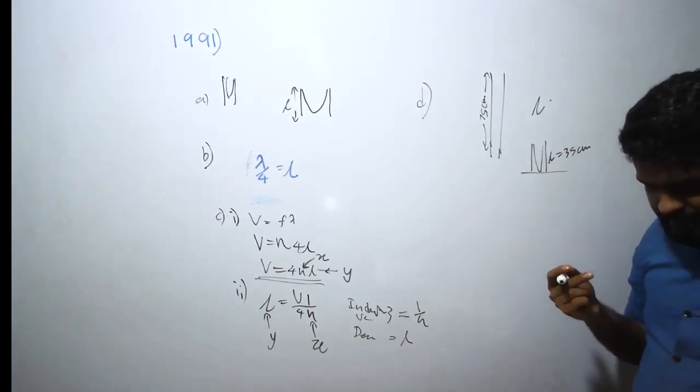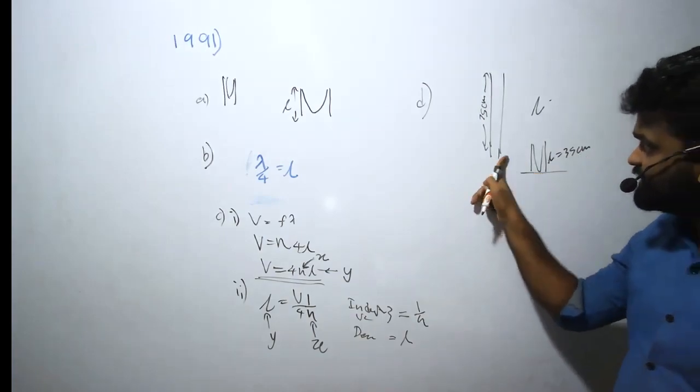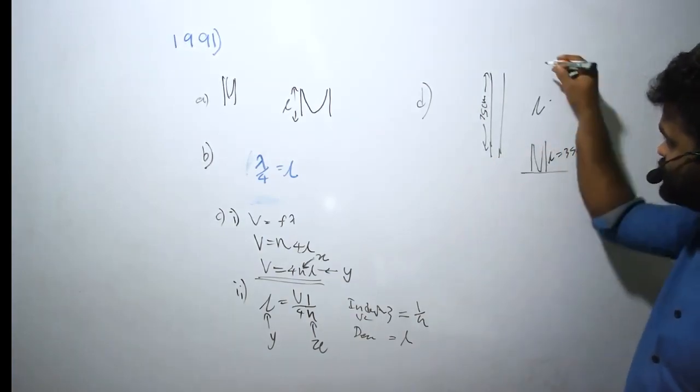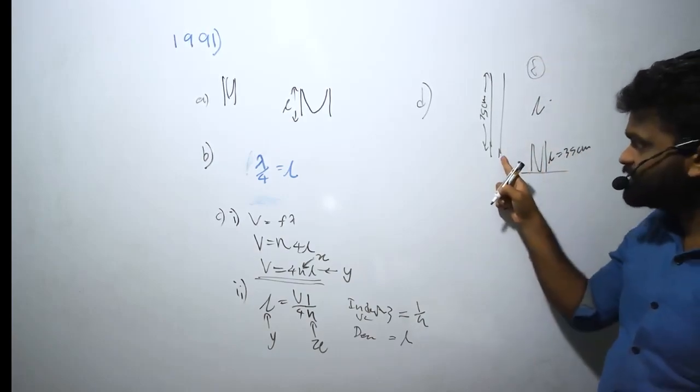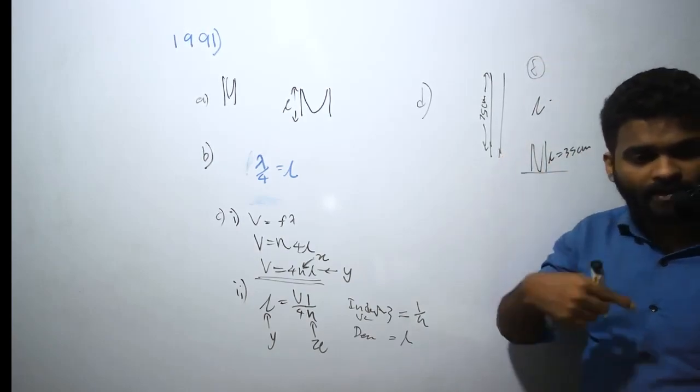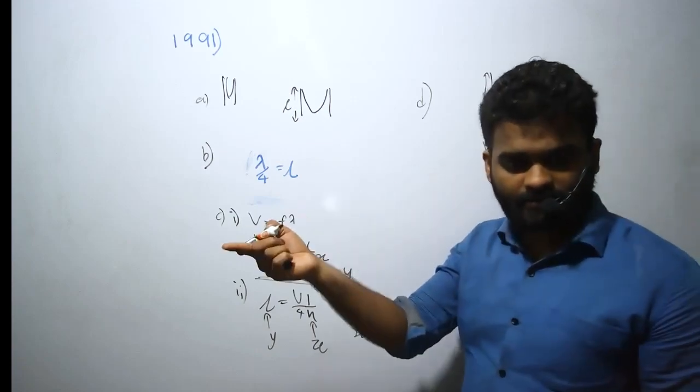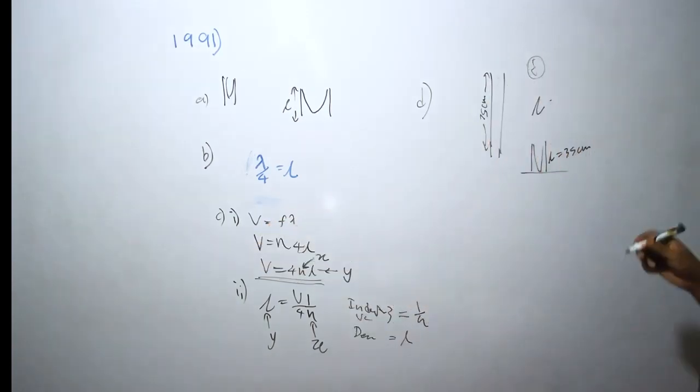So what they ask is, using the same fork, is this tube enough to have another resonance length?